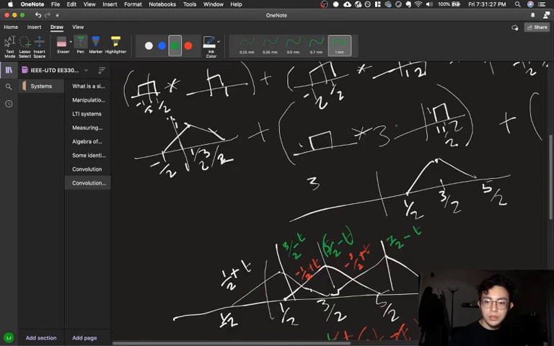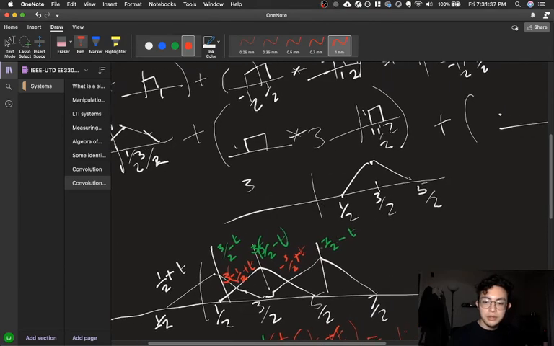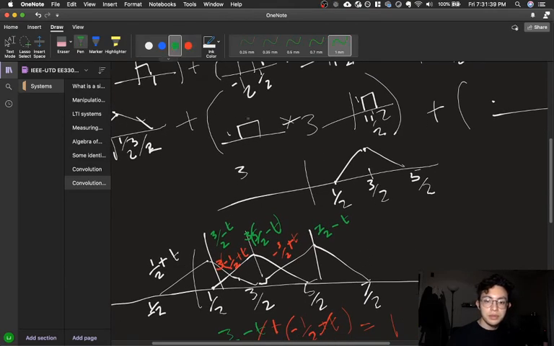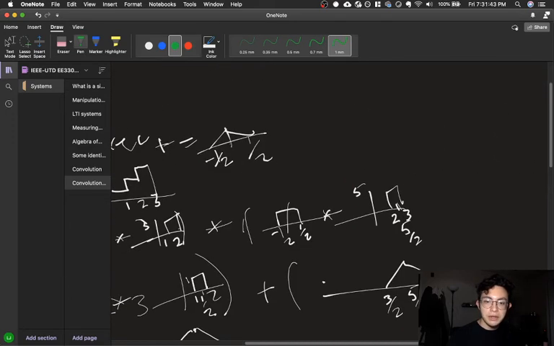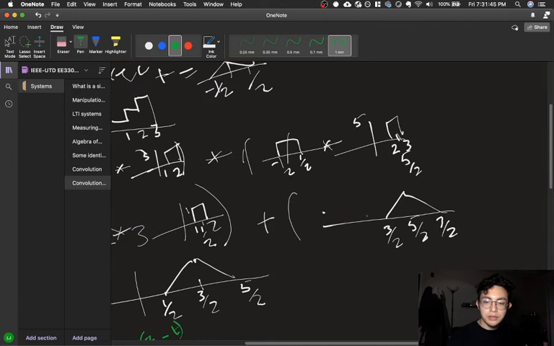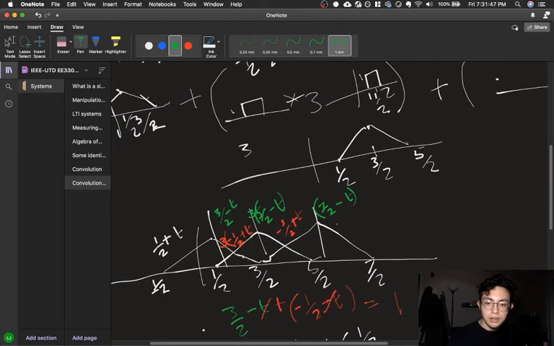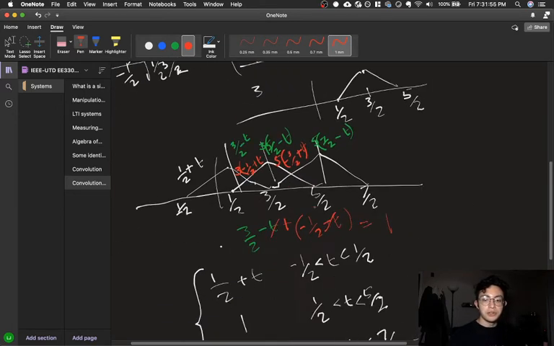Since we took out a 3 here, this would be 3 times that. This one would be, since we took out a 5 here in our convolution, we're going to have to get 5 times that. And then this one will be 5 times that.